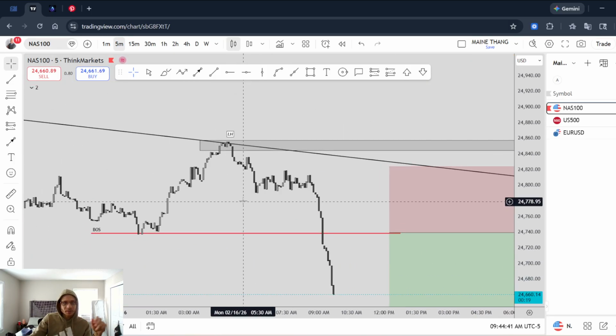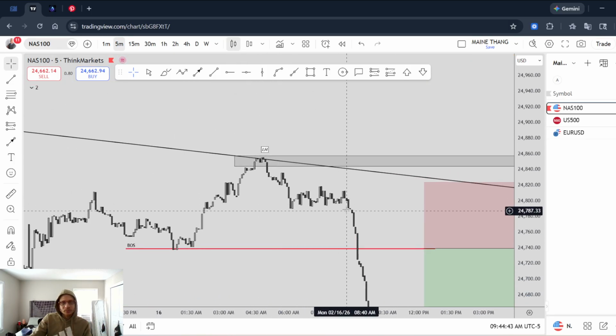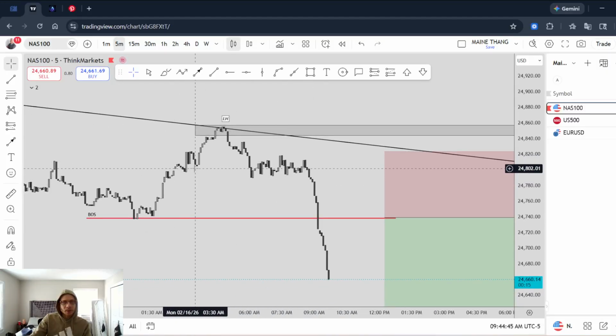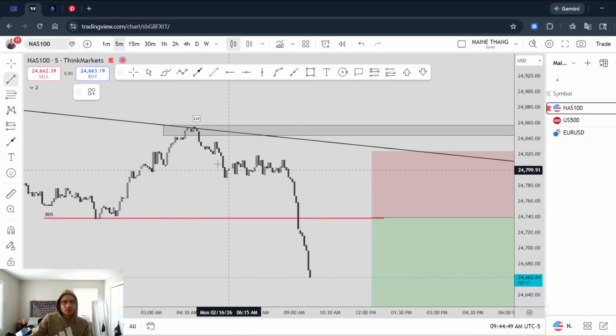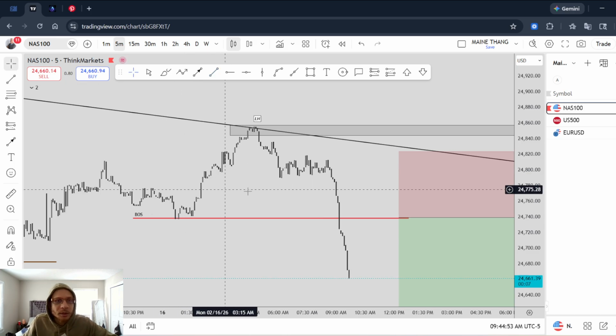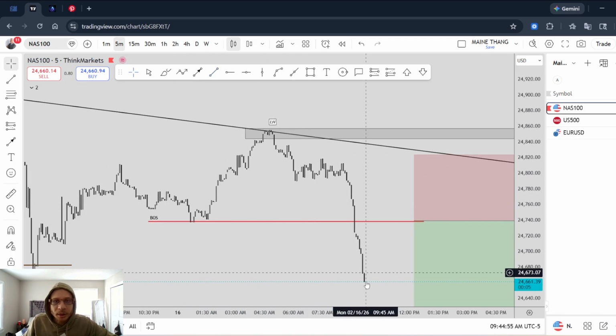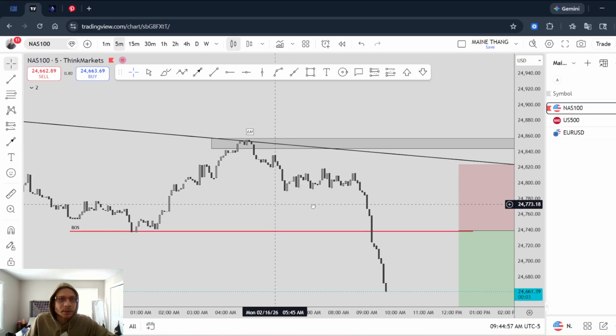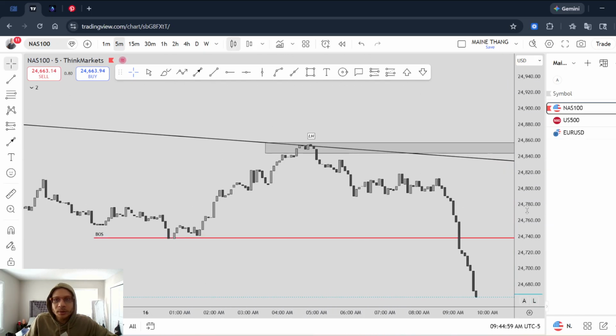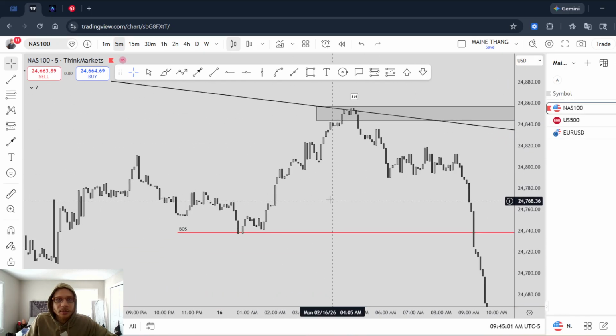Let's see on the 5-minute pre-market. You can see that transition take place again on the 5-minute. You might not get in, so I want to show it on the 5-minute. This works in all time frames.